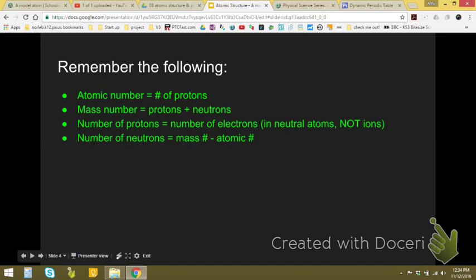The number of neutrons will be equal to the mass number minus the atomic number, also known as the total between protons and neutrons minus the number of protons. The number of electrons will equal the number of protons so that the atom remains neutral.